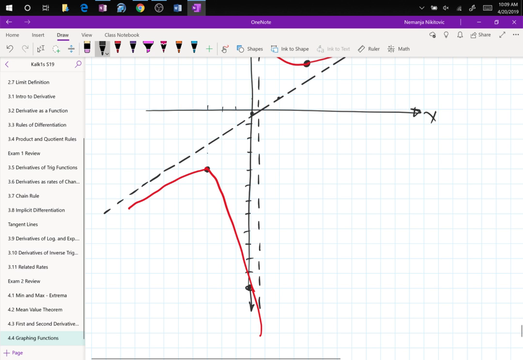Are you afraid to check? Good. x squared plus 12 divided by 2x plus 1. I said 2x, not 21.